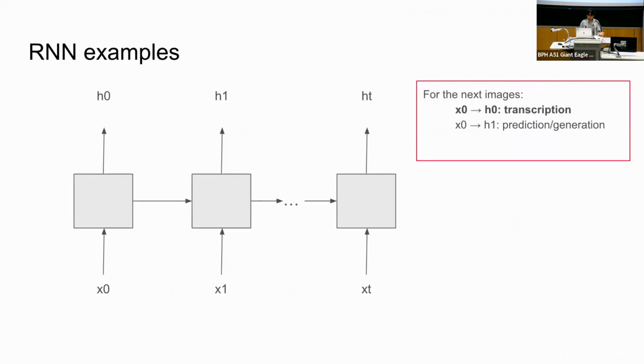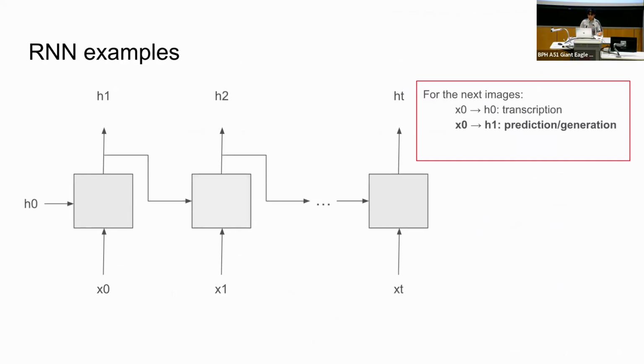Going over the RNN example, this one is for transcription, where if you give it an input, you expect an output for that input. Something like audio generation, where you give audio and expect text for it. But we're going to deal with prediction and generation. Here you have your first input, and you'll have some sort of initial hidden state. You use both of those to get the first hidden state.